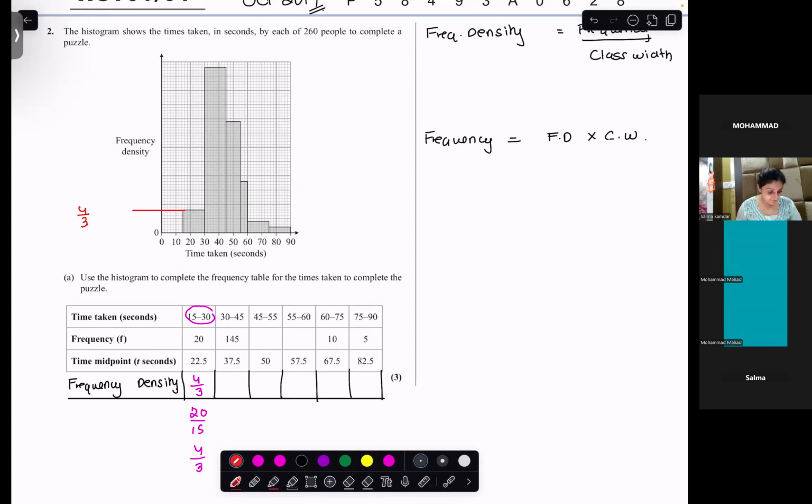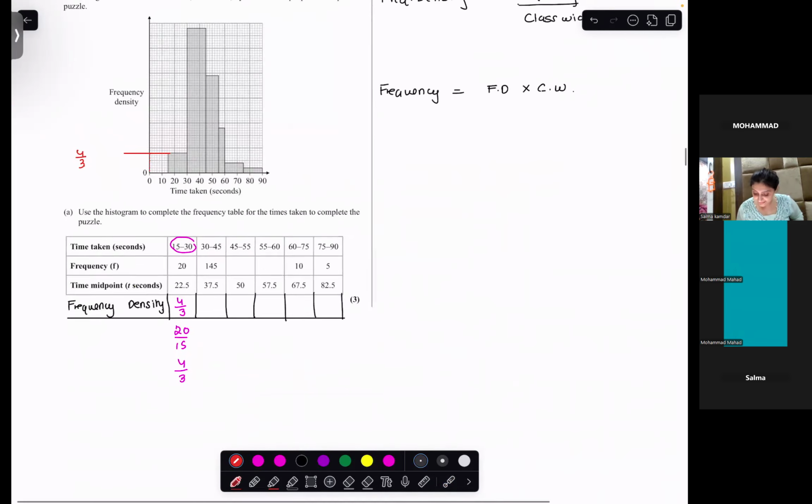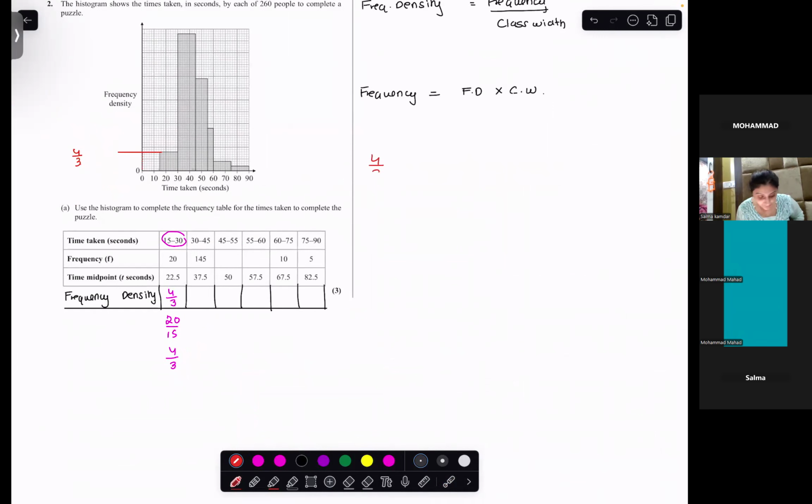If I say this line over here represents 4 by 3, and if I count very properly, you could see, count the number of boxes for me. 1, 2, 3, 4, 5, 6, 7, 8. So I can say 4 by 3 represents 8 squares.